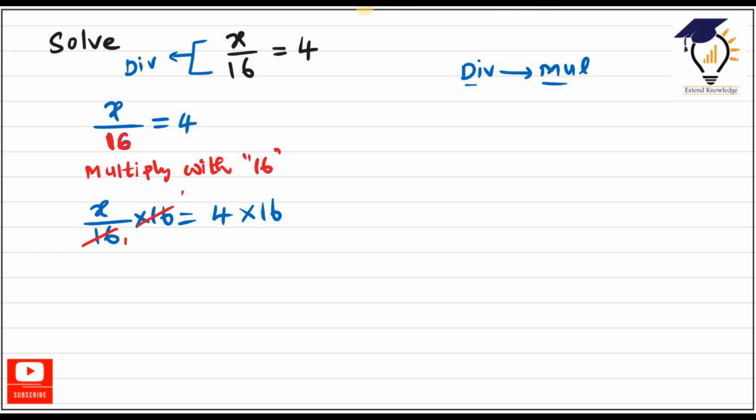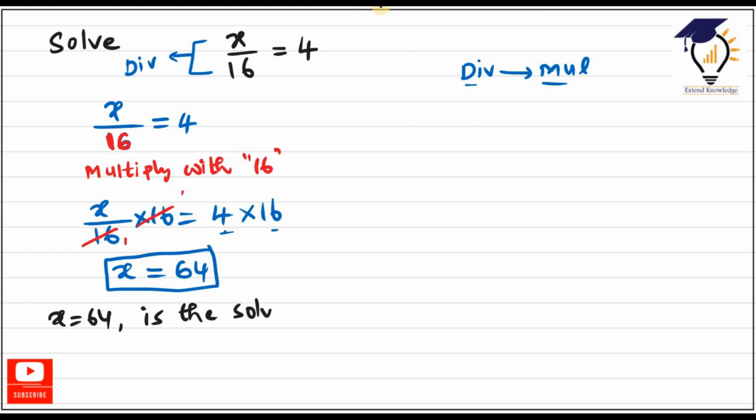If we simplify the left hand side of the equation, x times 1 is x, is equal to, if we simplify the right hand side, 4 times 16 will give us 64. So here x is equal to 64 is the solution of the equation x by 16 is equal to 4.